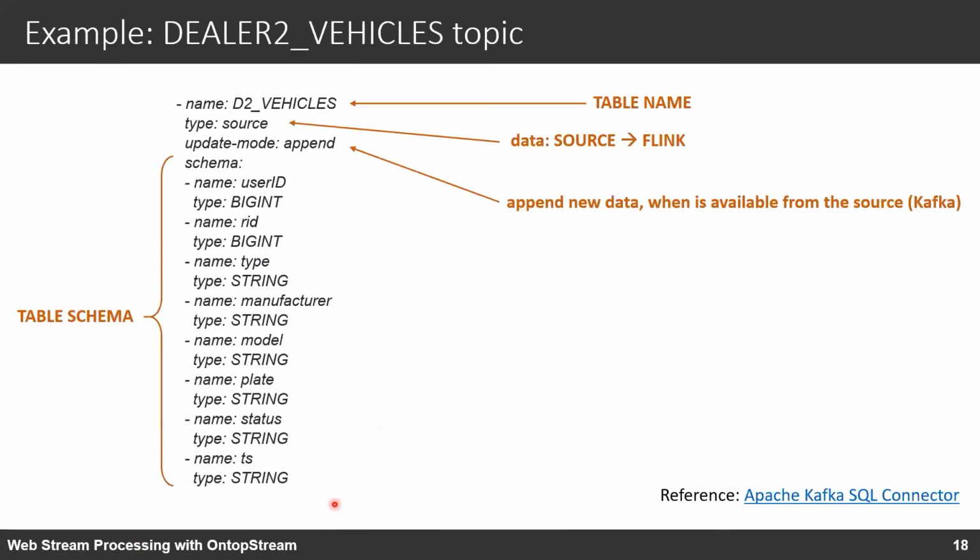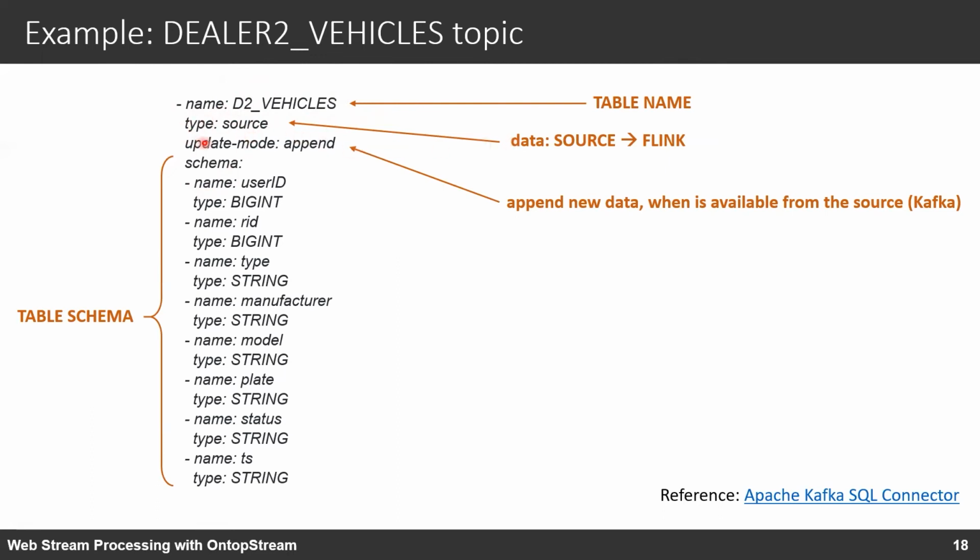So the problem is solved by something like this, where we express a table, which is a dynamic table in Flink, called, for example, D2 vehicles for the vehicles of dealer number 2.